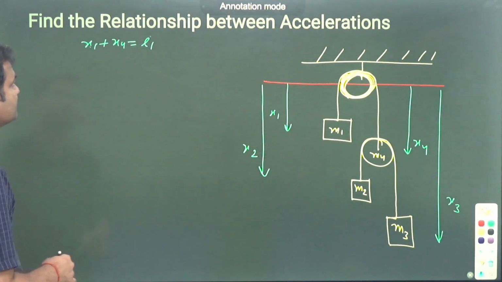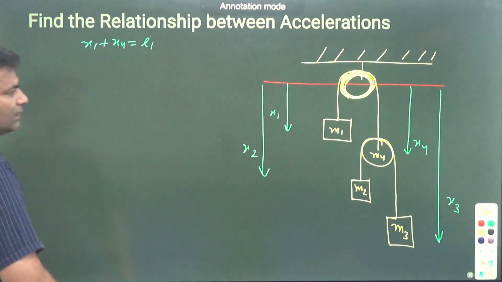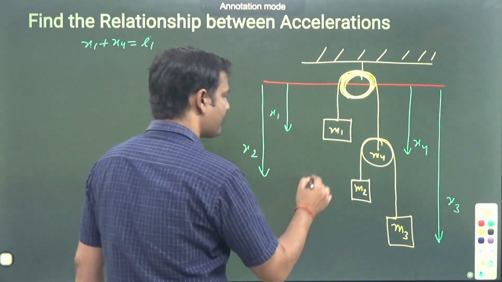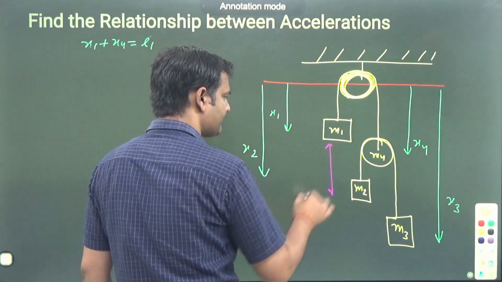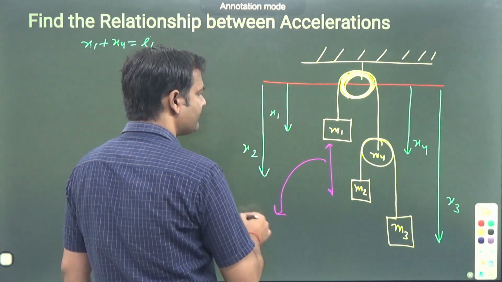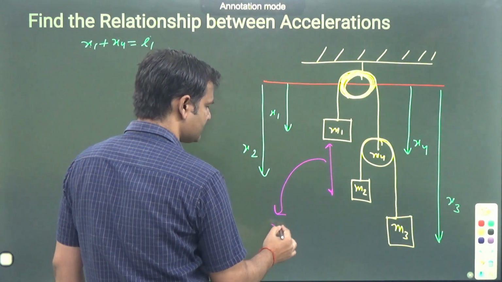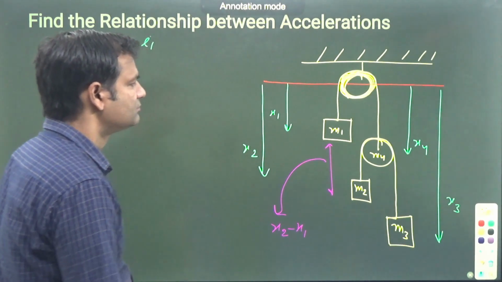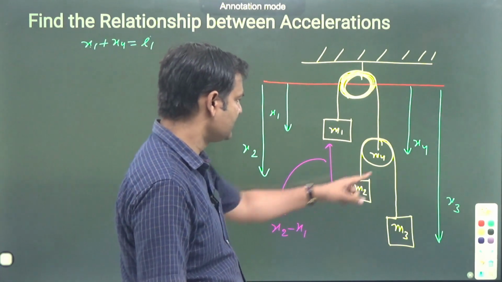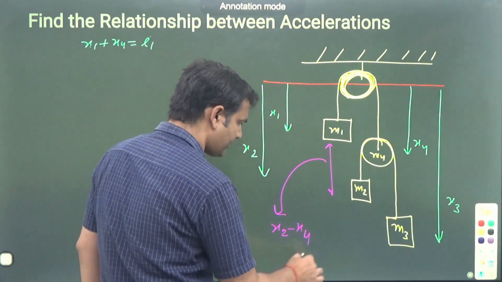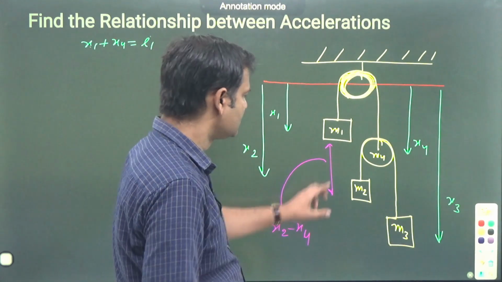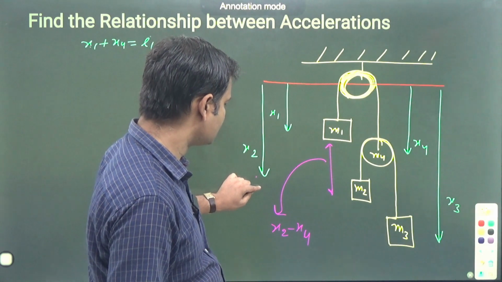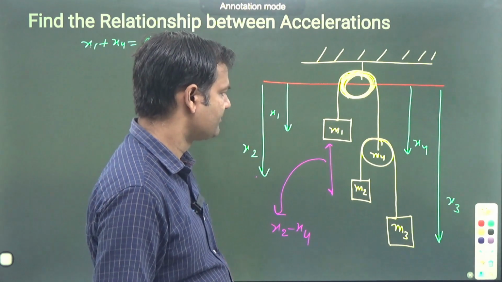Now next one, look: what about that length? It is x2 minus x4. This is x4 and here x2, so x2 minus x4 for that one.